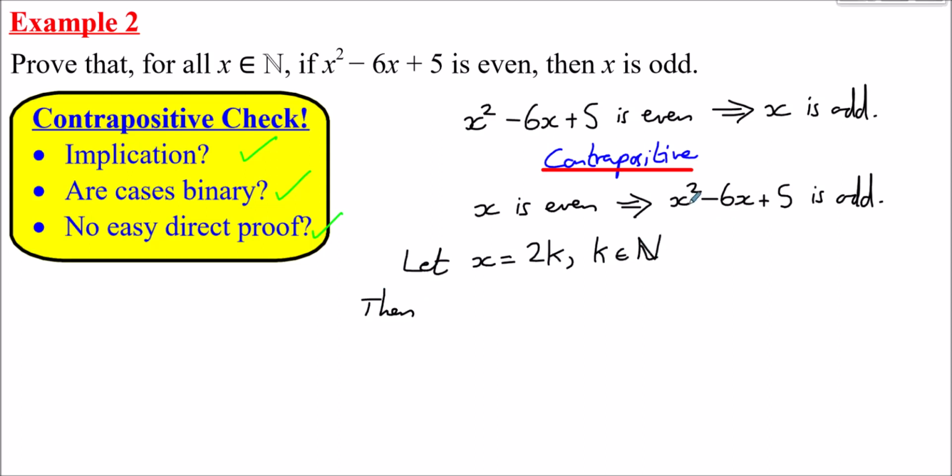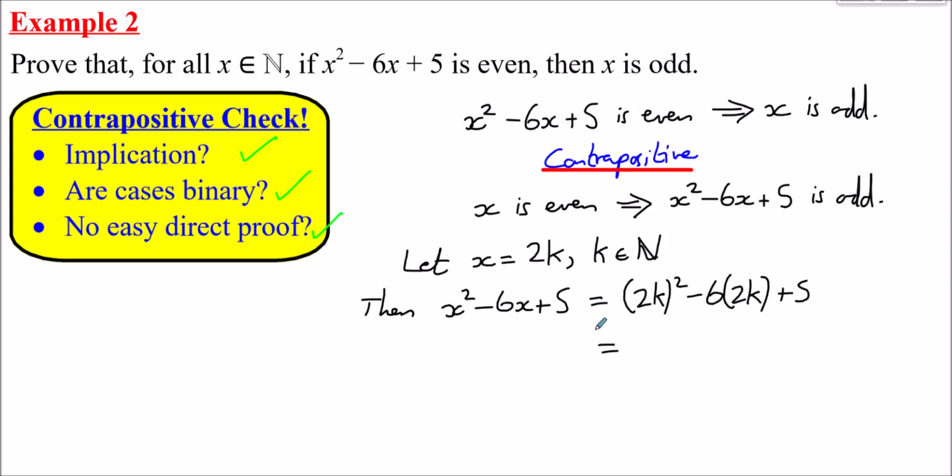Then if that's the case, x squared minus 6x plus 5 equals (2k) squared minus 6 lots of 2k plus 5.